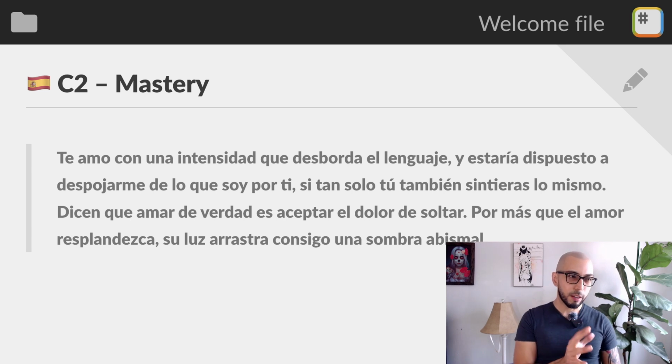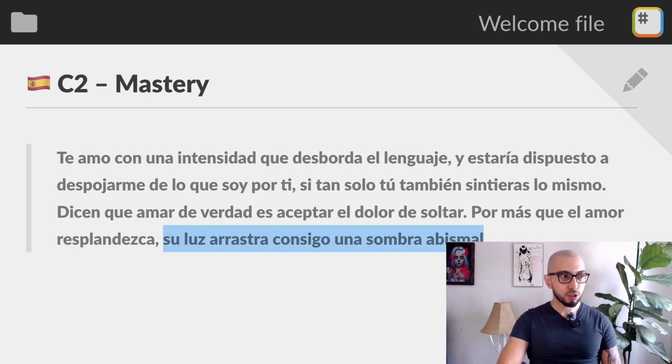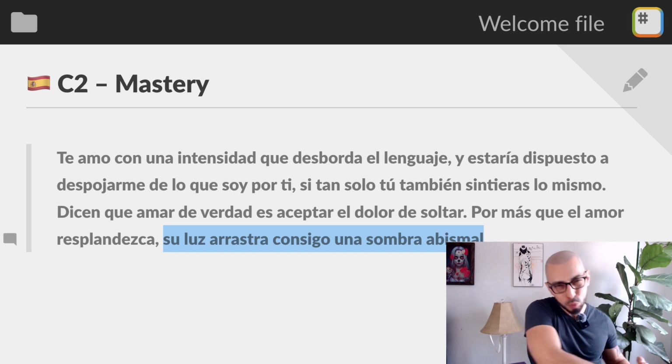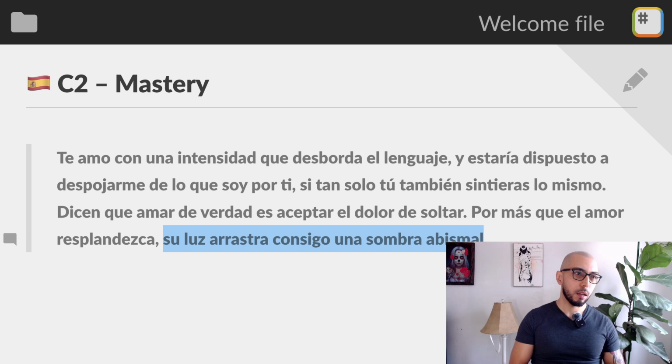Let's let that part of the sentence just detonate in the mind as well as the heart. Su luz arrastra consigo una sombra abismal. The light drags with it, ladies and gentlemen, an abysmal shade.